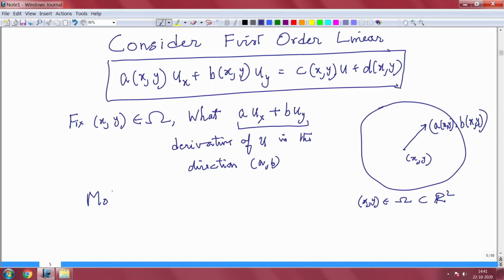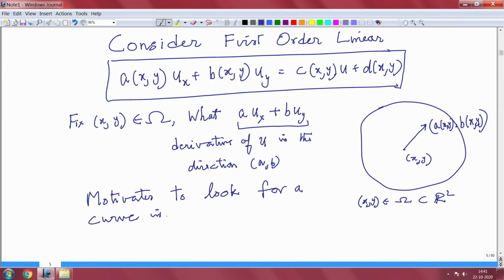So that motivates us to look for a curve in omega.